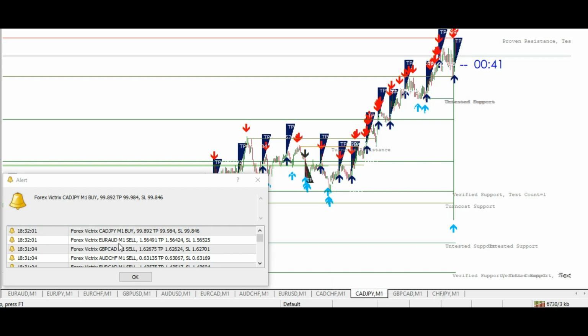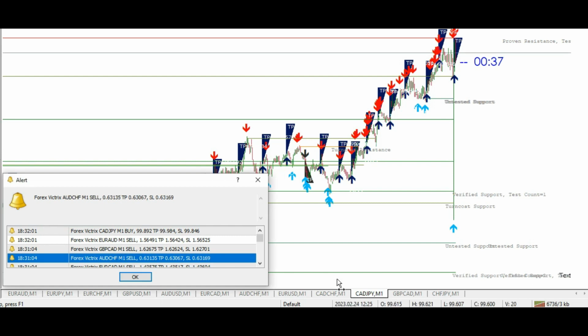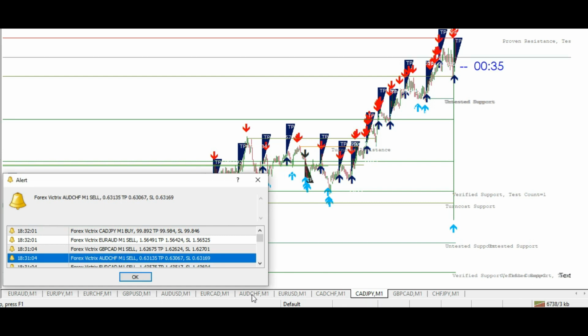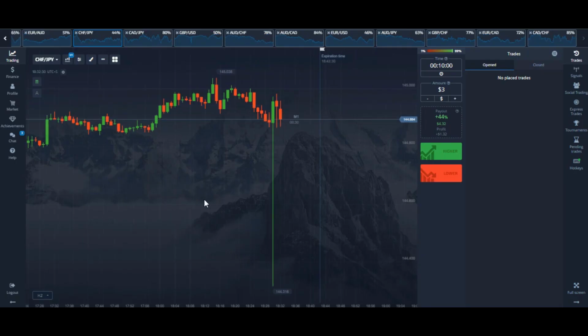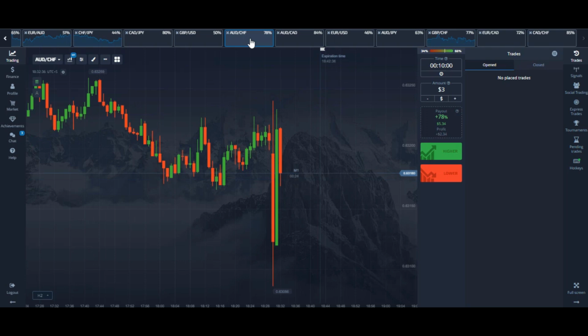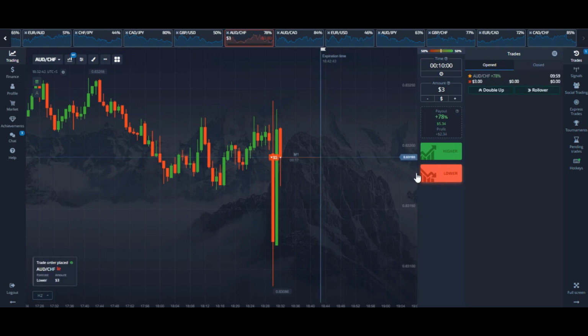AUDCHF, it's sell. I am taking the trade here for 10 minutes.